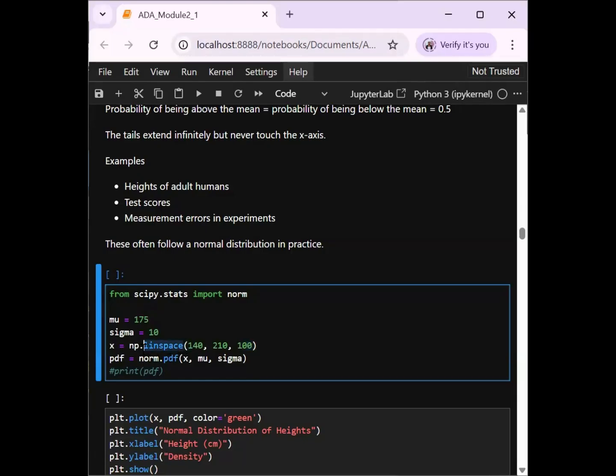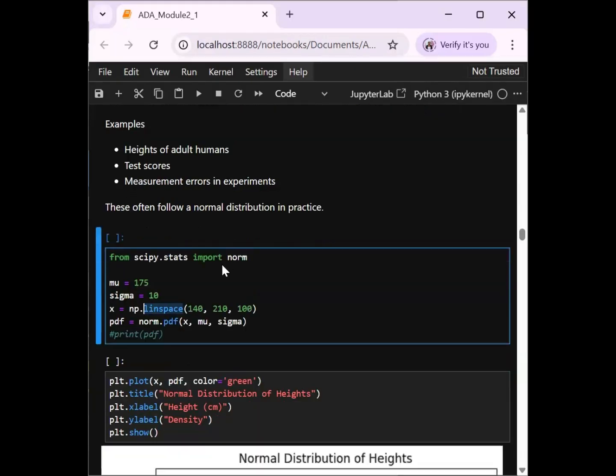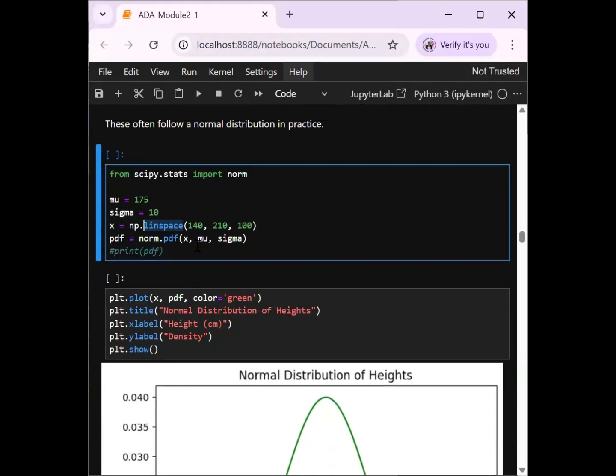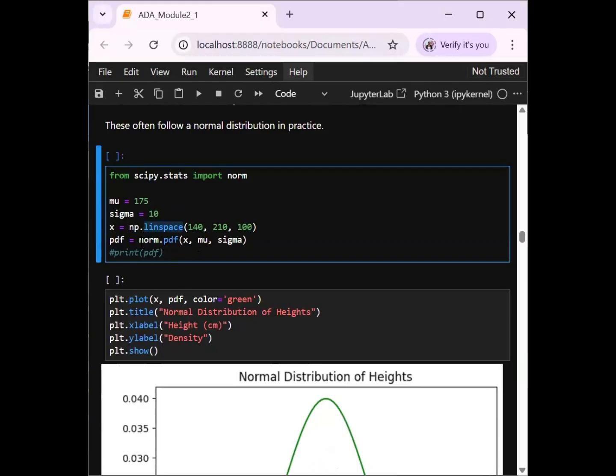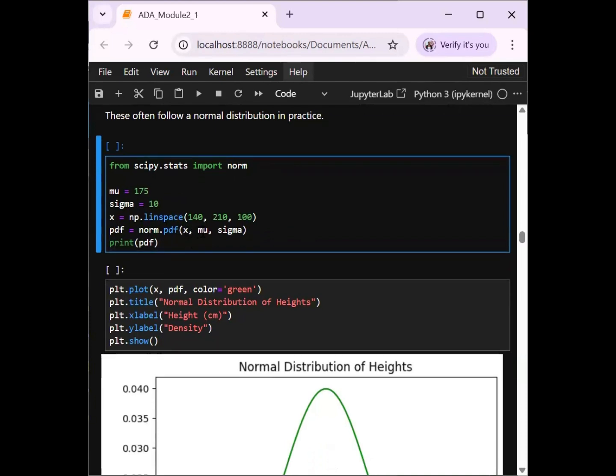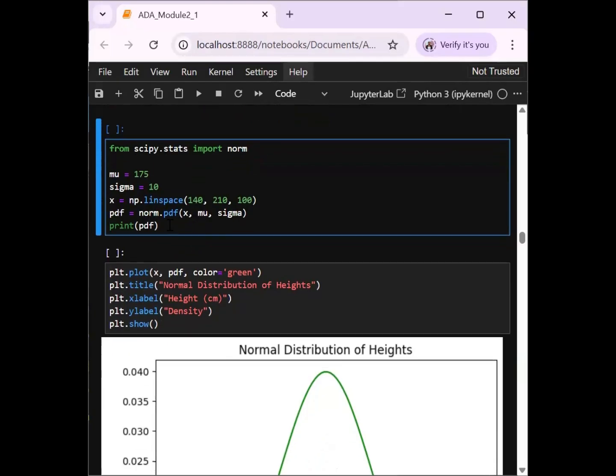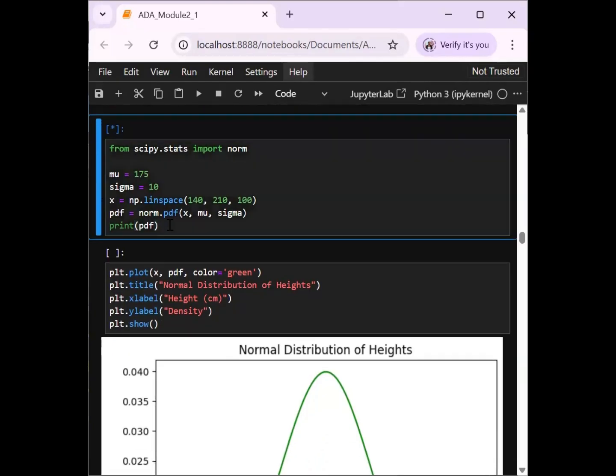We're looking for decimal numbers now, right, for our continuous variable. That can help us indicate something like height, so we can have decimal numbers. And then we have the norm now, which is the function, and we're using PDF because it's a continuous random variable. Here we pass in our x, the mu, and the sigma. Mu is the mean, and sigma is the standard deviation. When we do this, it's similar to what we've been doing.